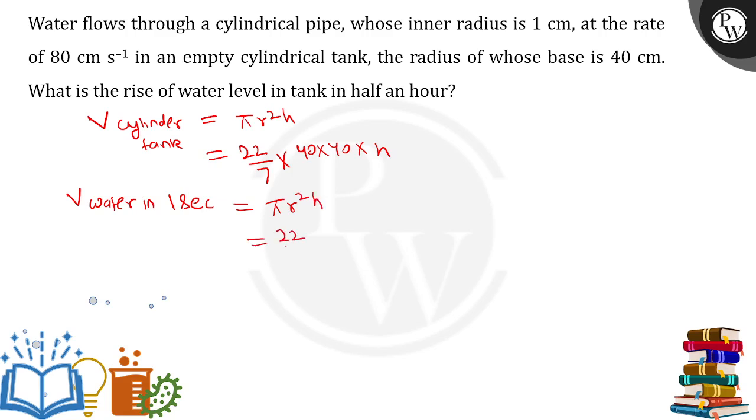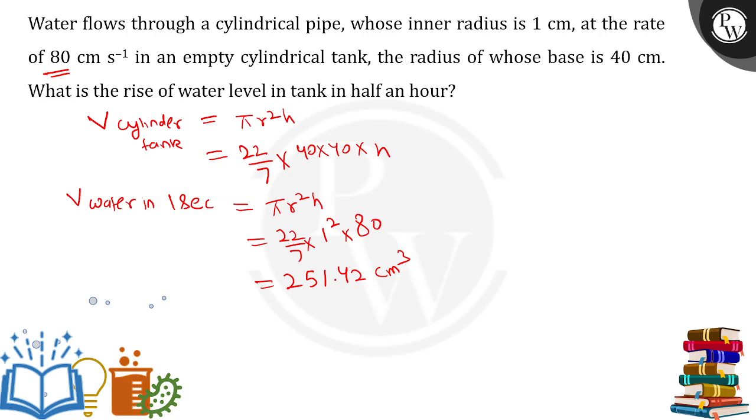So pi as usual 22 by 7, r for that is given as 1, so 1 square, it doesn't matter. H basically I am taking to be 80 centimeter in a second. 80 centimeter flow is there, so 80 is for 1 second. All right, so multiplied by 80 over here, this will come out to be 251.42 centimeter cube. This is per second.